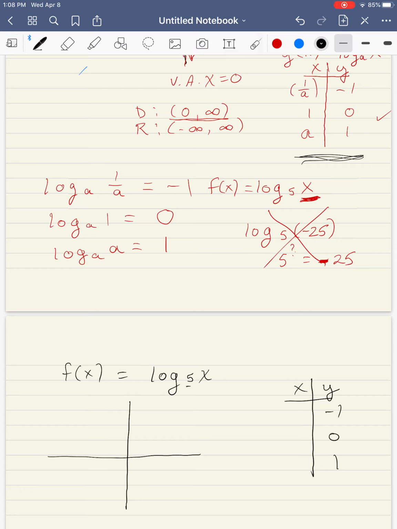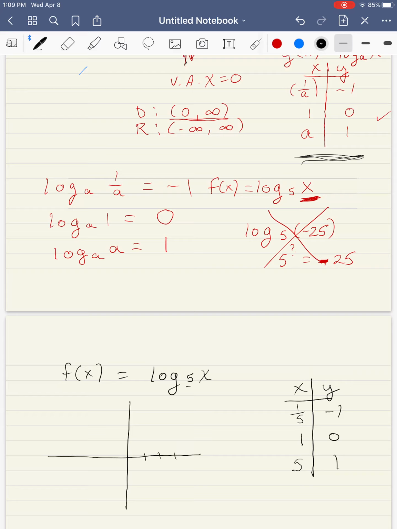All right, so what we saw here is our base is 5. So if I put a 5 here, logarithm base 5 of 5 is equal to 1. Logarithm base 5 of 1/5 is equal to -1. And we always have 1, 0.